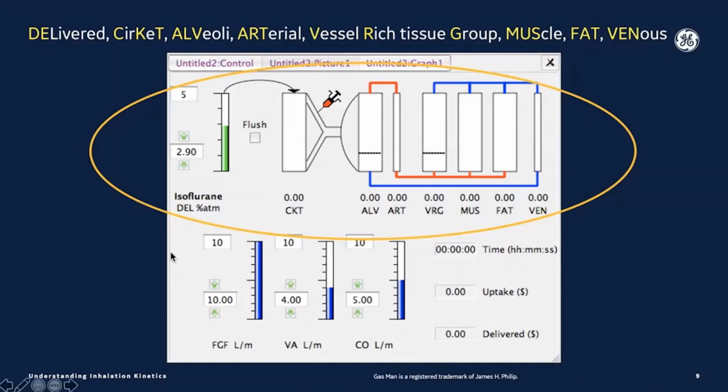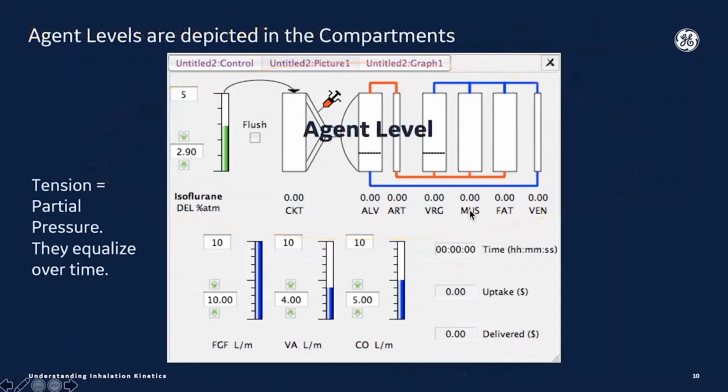They're all across the top panel. We look at the agent level depicted in these compartments. We are looking at the tension or partial pressure of anesthetic in these compartments, and they equalize over time. Concentrations don't equalize, they equilibrate, but partial pressure or tension equalizes.